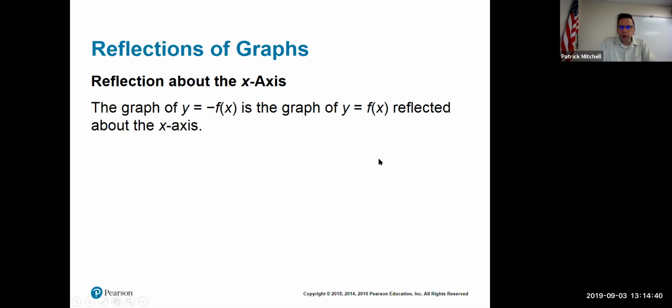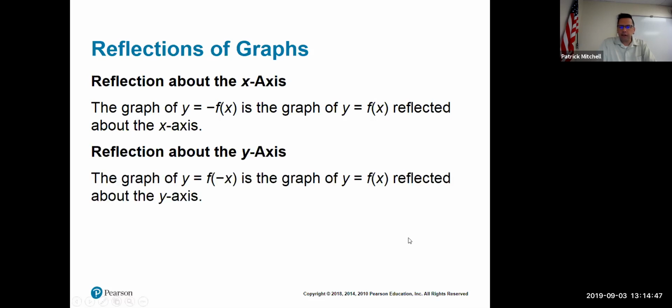So the difference when you want to reflect about the y-axis, you just put a negative in front of the x. Okay, see the difference? So square root is a really good example for this. So for about the x-axis, just imagine negative square root of x. That would be a reflection across the x-axis. And then for y-axis, think square root of opposite x. So the negative right next to the x.